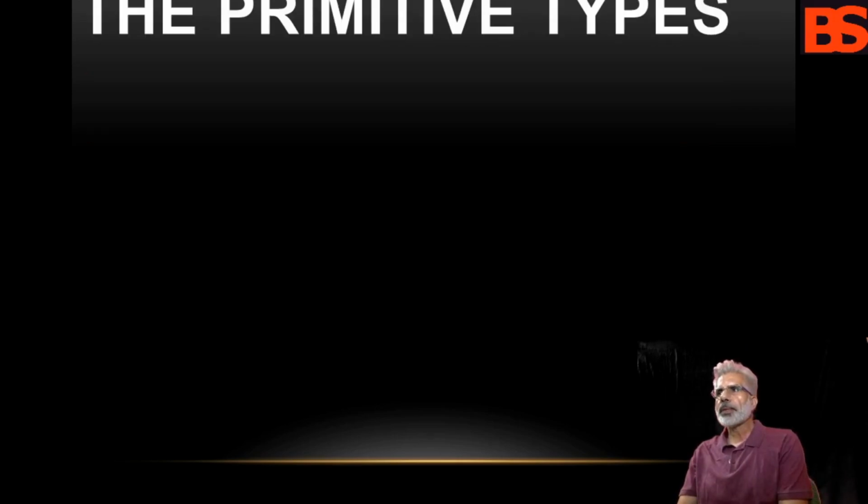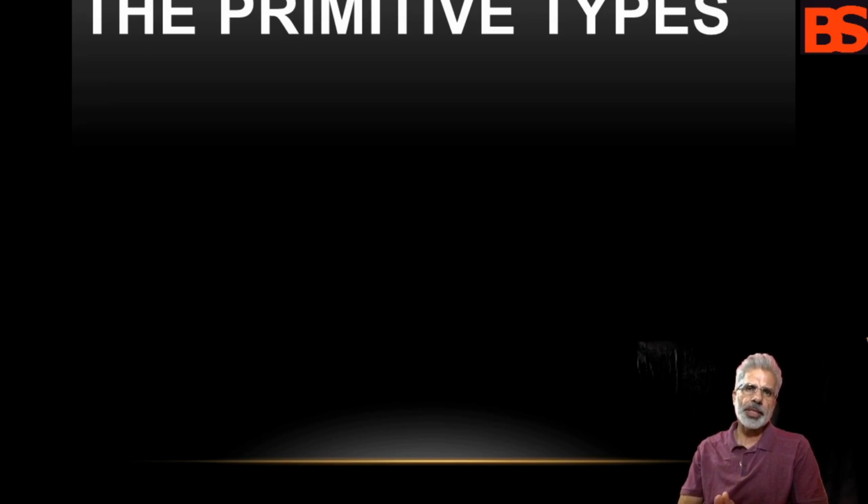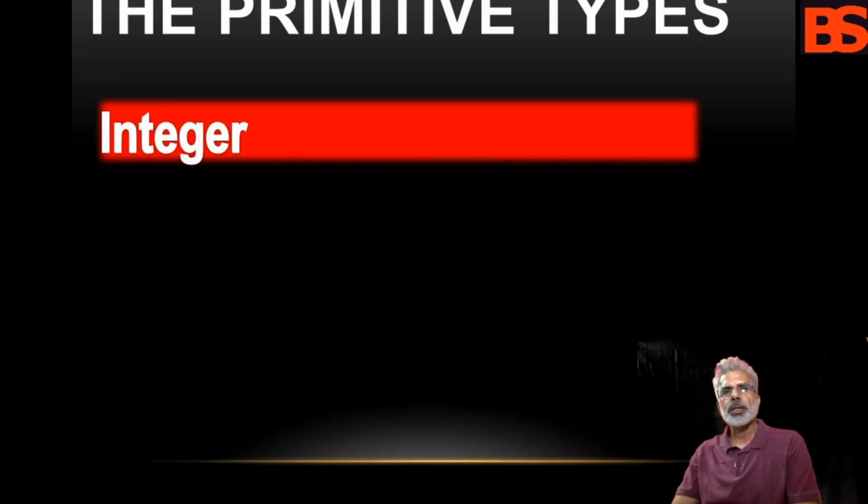The primitive types are also commonly referred to as simple types. These can be put in 4 groups. Integer: this group includes byte, short, int and long, which are for whole valued signed numbers.